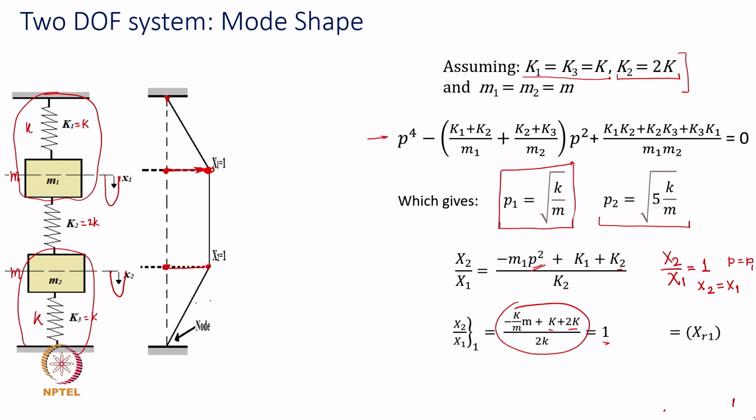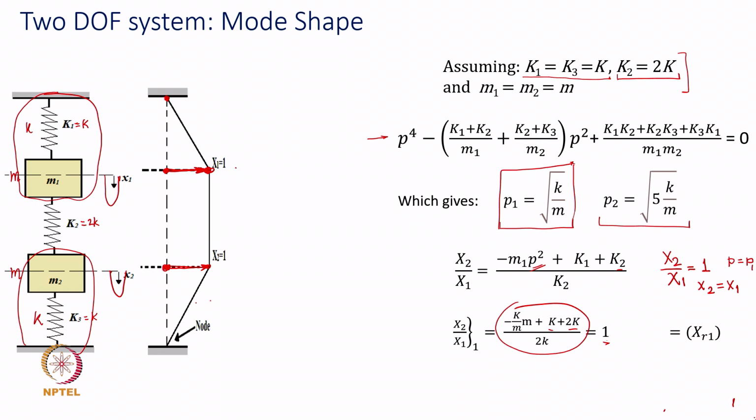This spring is fixed here and the spring gets stretched as it moves, and in the same way this spring is also stretched in the same direction. So, the motions x2 and x1 are identical.